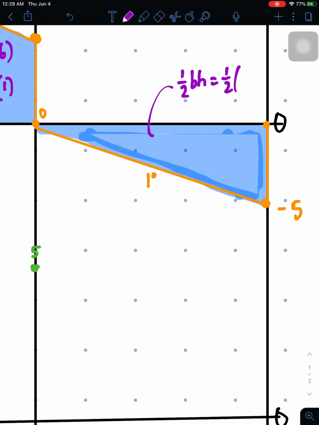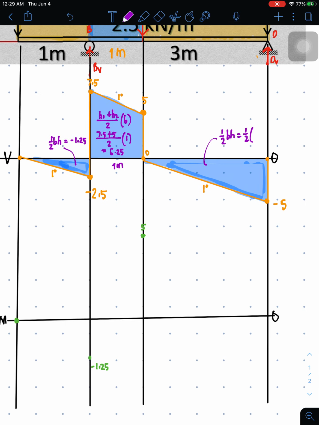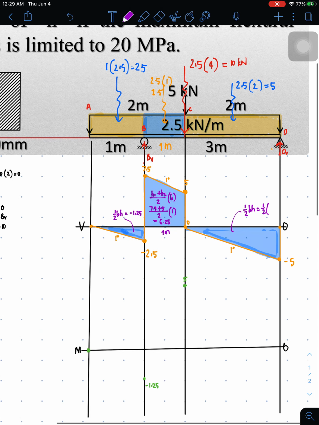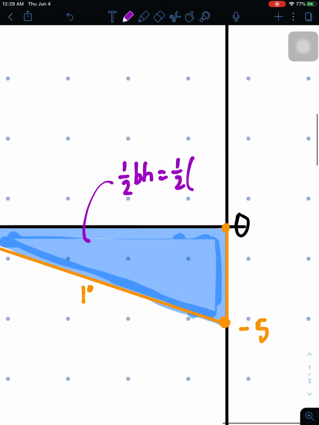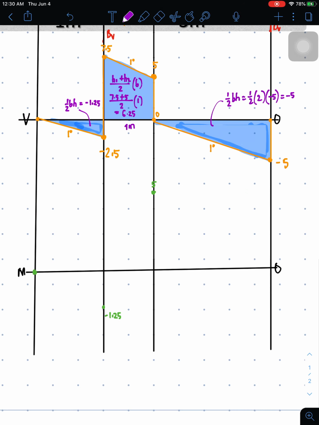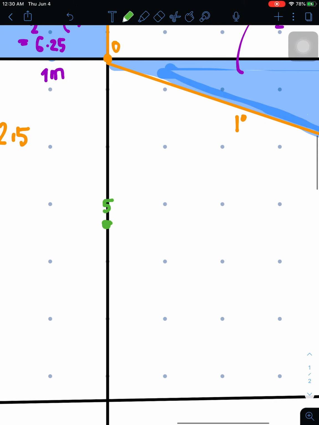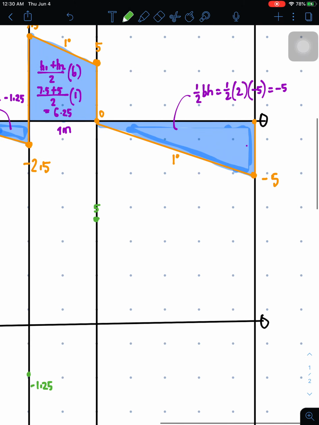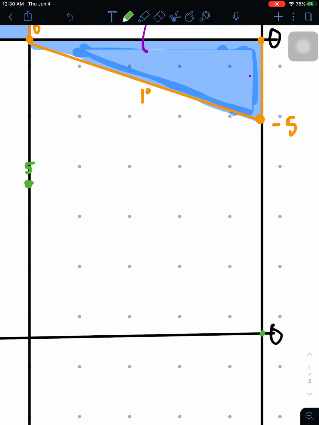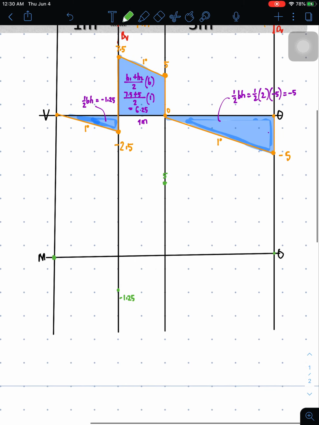That's 1/2 of the base, 2 meters, no? 2 kana siya, dili 3, 2 meters. So 2 meters times -5, and this is -5. So basically ato siyang i-substitute, i-subtract. So 5 minus 5, the answer is 0.